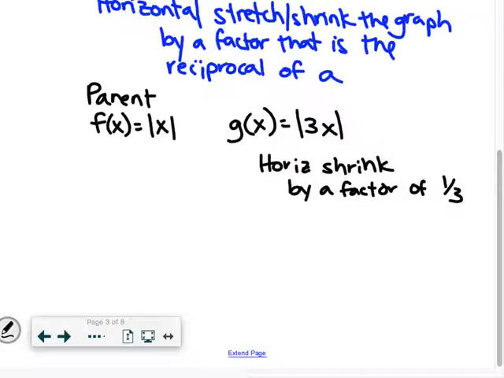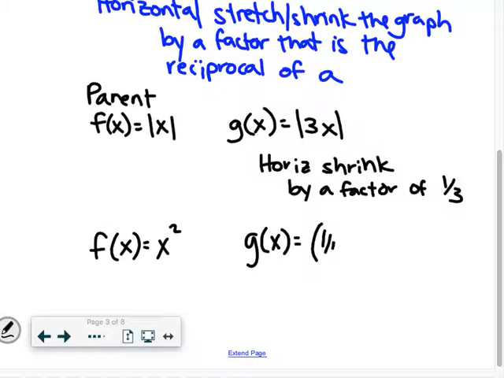Alright, and then I'll do another one. Suppose we had f of x equals x squared as our parent graph, and then I give you something like g of x equals, and I'll do (1/4 x) squared. Sorry, my square on the outside.